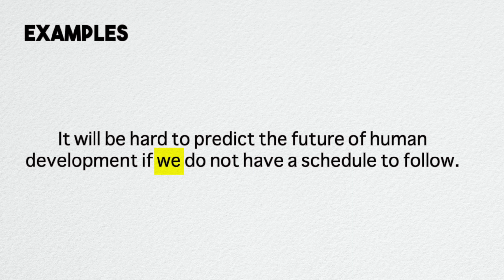We don't use we in formal writing unless we're saying what we, the authors, did, and that's usually in the methods section of some kind of research paper. But in this context, where we refers to humanity, we don't use it, so this is informal. But we can get rid of it quite easily. Let's say, it will be hard to predict the future of human development without a schedule.